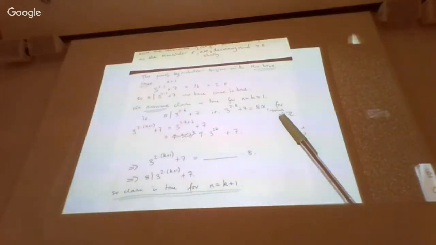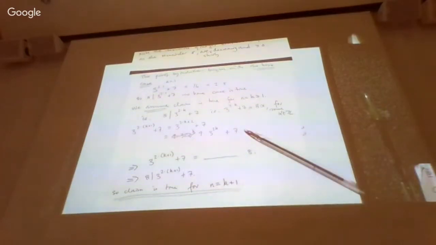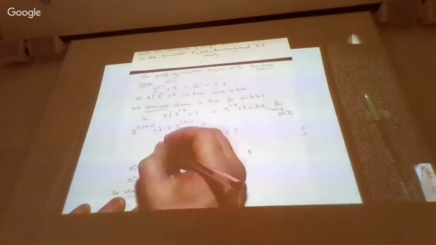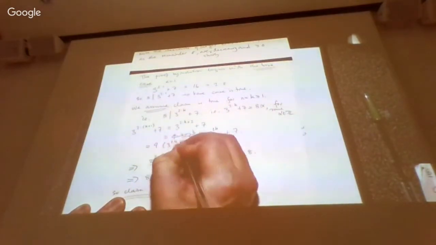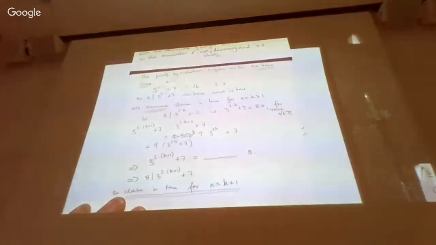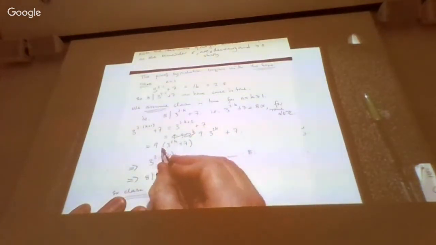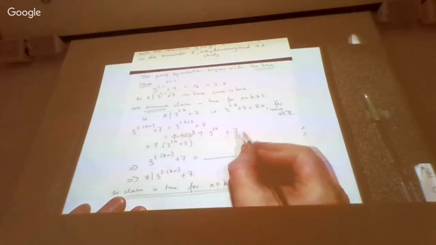At this stage, this is where a little trick or manipulation is needed. It's nearly 3 to the 2k plus 7, except it's not quite, because the 3 to the 2k is multiplied by 9 first before you add 7. So you say, I want to add the 7 first and then multiply by 9. That'll give it to you, except doing it this way gives you 63, but we only want 7.